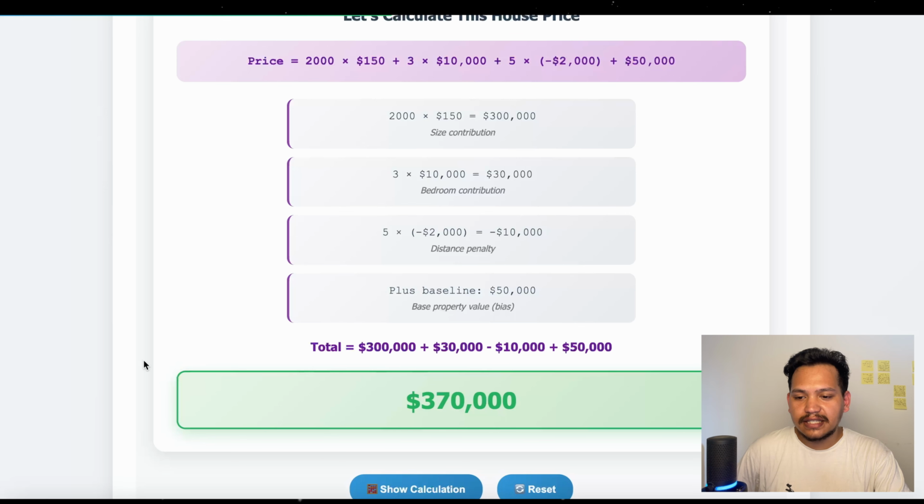That's for the size. Then 3 multiplied by $10,000 equals $30,000. That's for the 3 bedrooms. Then 5 multiplied by minus 2000 equals minus $10,000. That's for the distance. Total: 300,000 plus 30,000 minus 10,000 plus 50,000 equals 370,000. So our neuron predicts this house is worth $370,000.